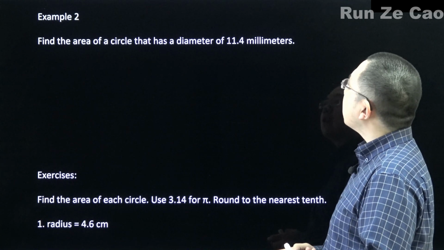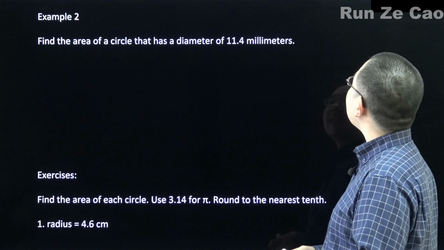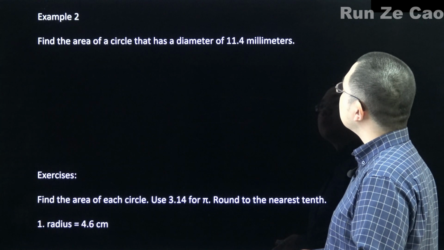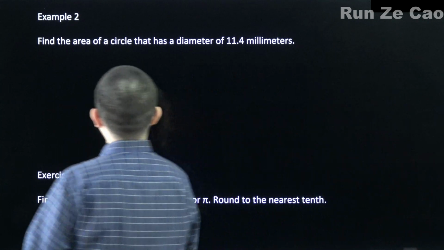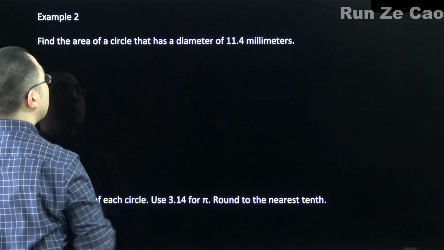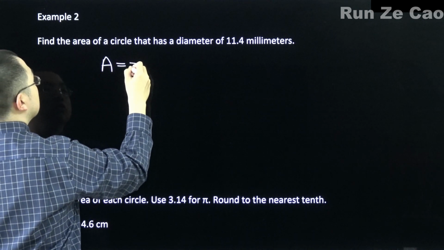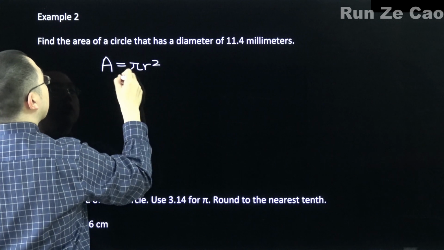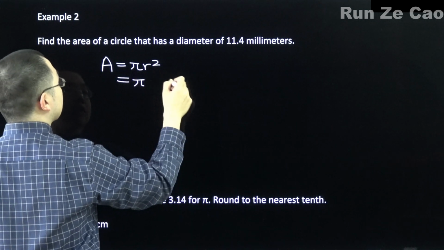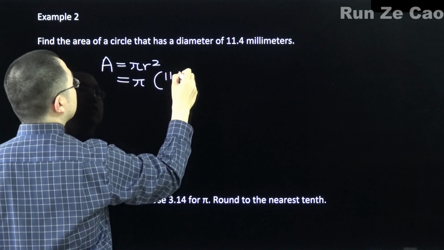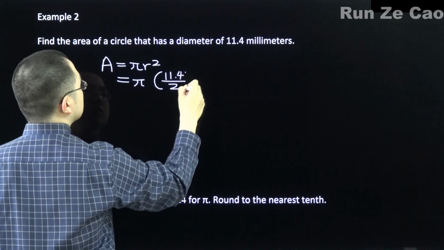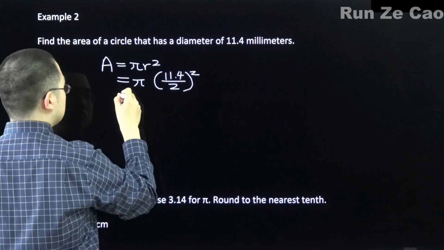So, find the area of a circle that has a diameter of 11.4 millimeters. Well, we know that area is equal to pi r squared. Okay, pi. What's the radius? Oh, it's 11.4 over 2, squared.